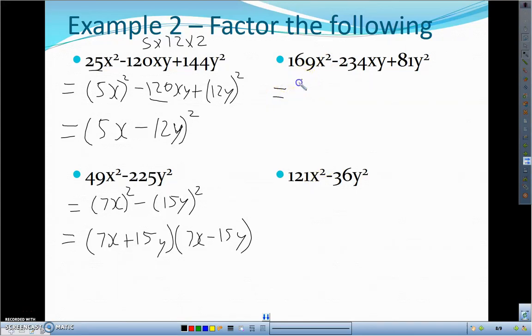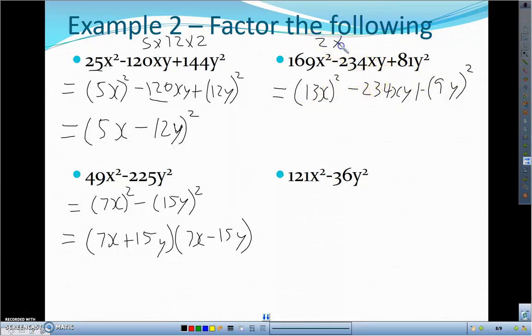This is equal to 13x squared minus 234xy plus 9y bracket squared, because 9 times 9 is 81. The squareds are on the outside of the bracket. Let's check to see if this is in fact a perfect square.